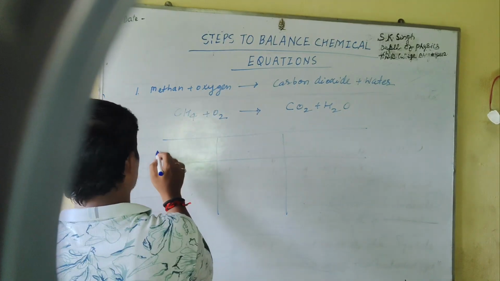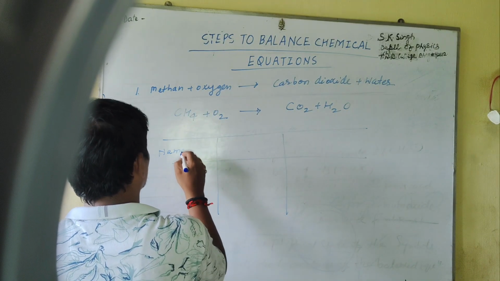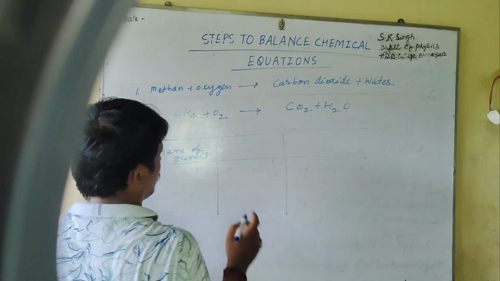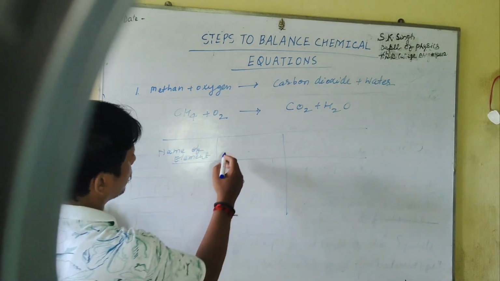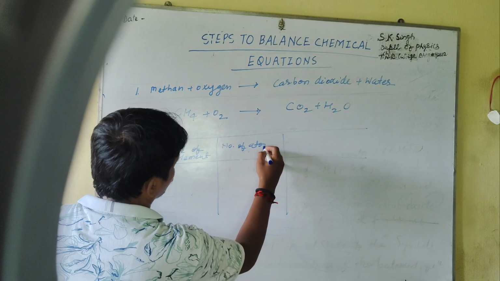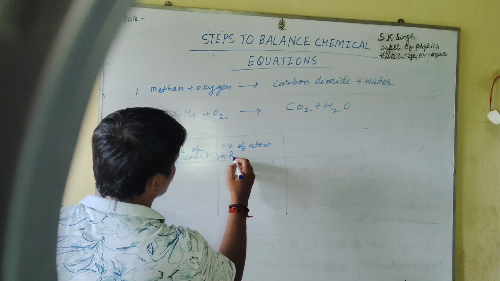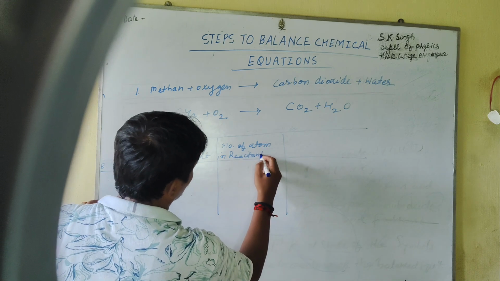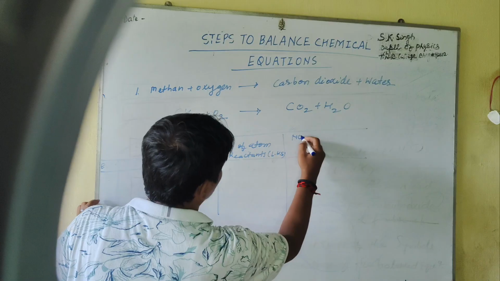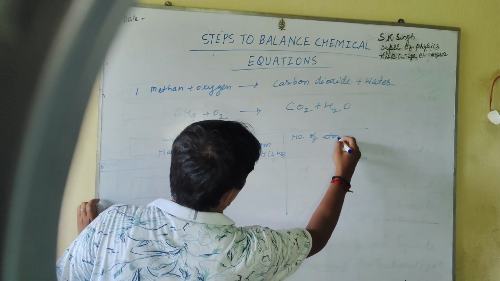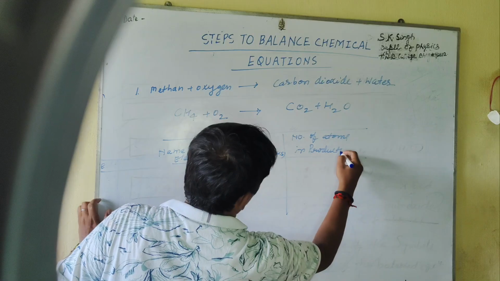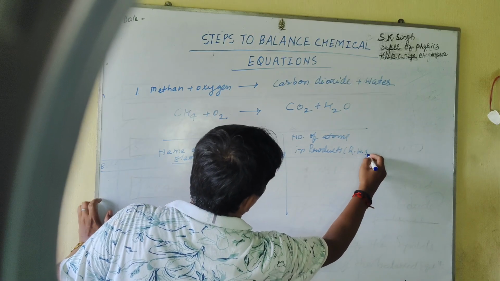This is the name of the element. After that, you can write the number of atoms in the reactant, LHS, and number of atoms in the product, that is RHS.